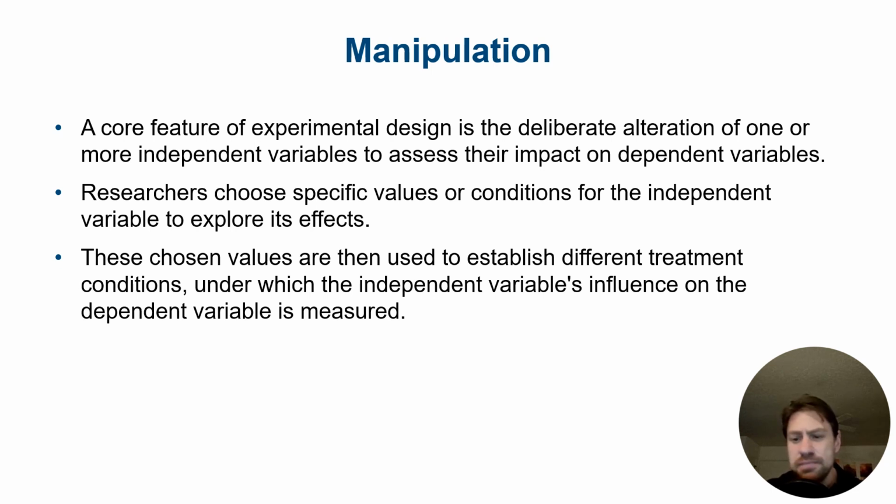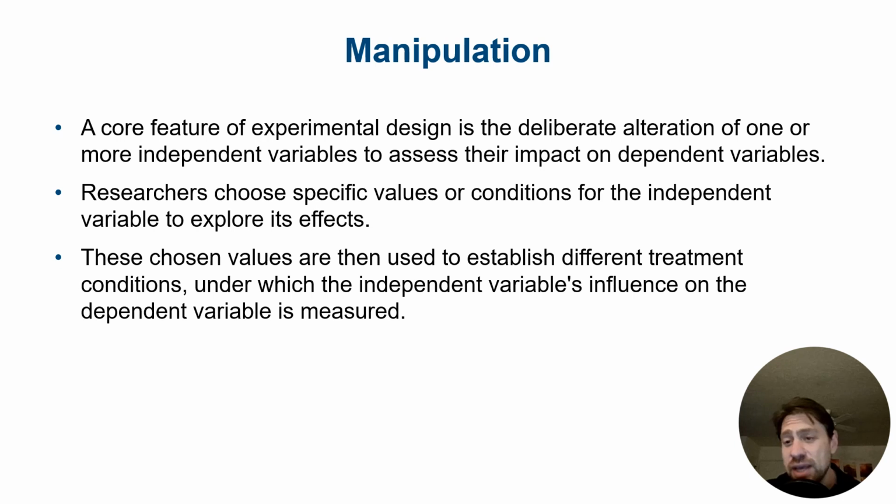So if you believe, for example, that music affects problem-solving abilities, then music is one of your variables. And that's going to be the independent variable that you, as the experimenter, are going to manipulate.